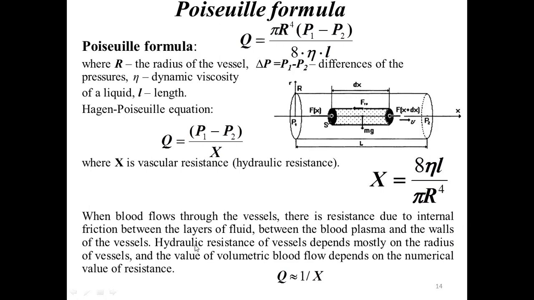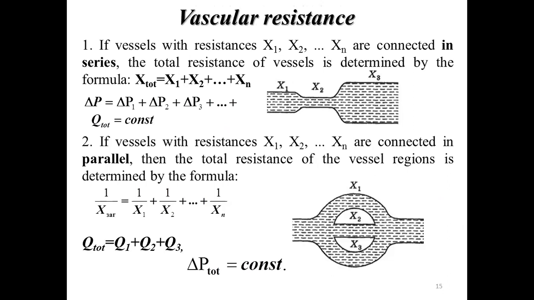Hydraulic resistance of the vessel depends mostly on the radius of the vessel, and the value of volumetric blood flow depends on the numerical value of resistance. So the highest resistance we have in the smallest vessels, in capillaries, and the lowest resistance we have in the aorta. The largest pressure gradient we have in the aorta, and the lowest pressure gradient we have in capillaries.